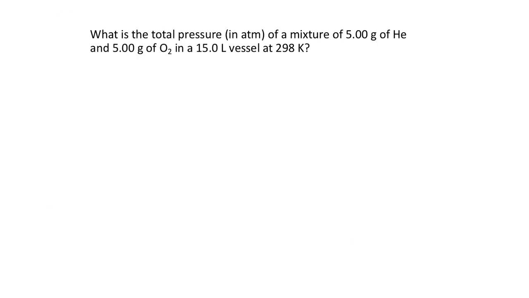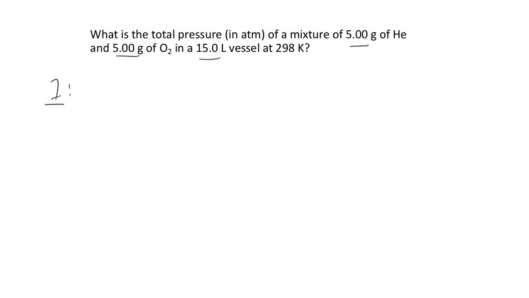So let's look at a problem here that relates individual partial pressures, hopefully a relatively straightforward problem. What is the total pressure of a mixture that has 5 grams of helium and 5 grams of oxygen in a particular 15-liter vessel at 298 Kelvin? A couple of ways we can think of solving this problem, I'll show you two different ways.